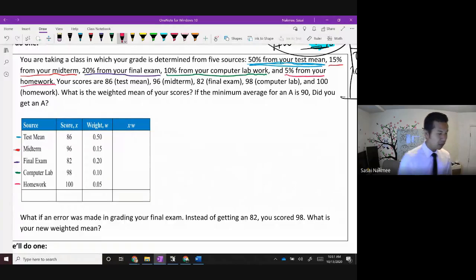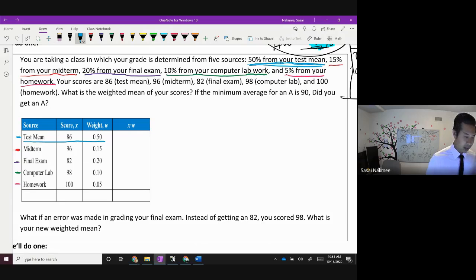Okay. So these are the scores that this student got. The student got an 86 as an average test score, right? So 86 is their average test score right there. And then on their midterm, the test that's halfway through the semester, by the way, that's what the midterm is, they got a 96. They got an A, right? That's beautiful. And that's weighted at 15%.